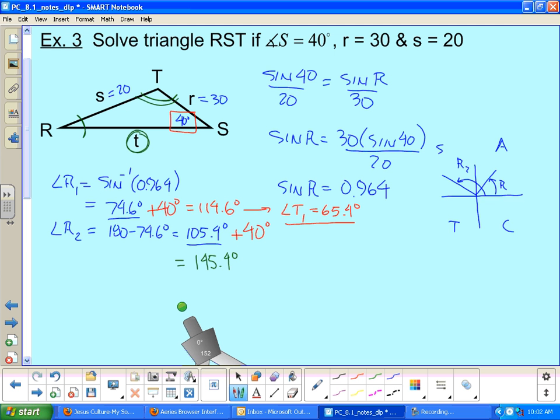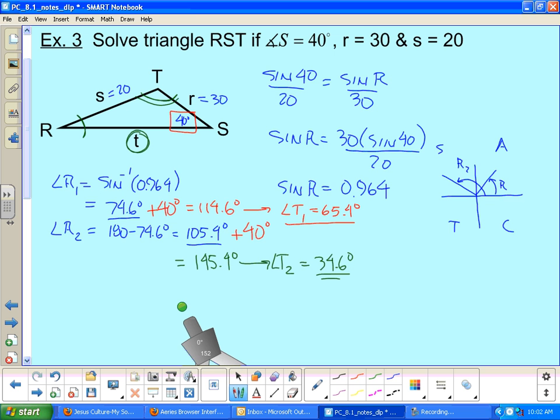Is that angle less than 180? Yes. So then it will also produce this third angle. We'll call it angle T2. And what must angle T2 be? 34.6. Okay. Common sense. That's all I did here to figure out the fact that I'm going to get two triangles out of this thing.